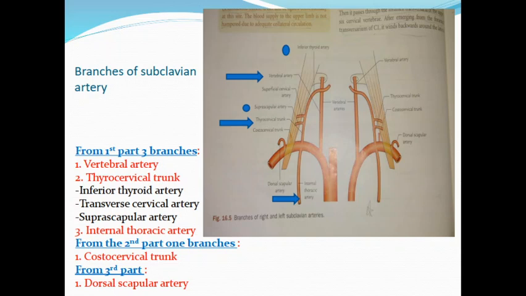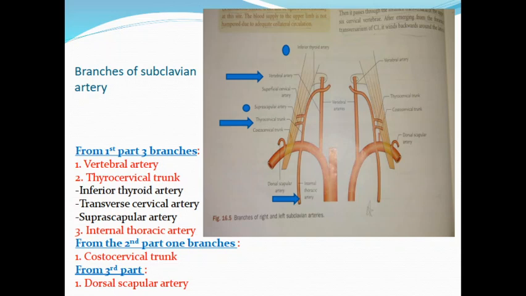Now in the diagram you can see from first part 3 branches, that is vertebral artery, thyrocervical trunk and internal thoracic artery. Now the thyrocervical trunk again gives 3 branches, that is the inferior thyroid artery, transverse cervical artery and suprascapular artery.